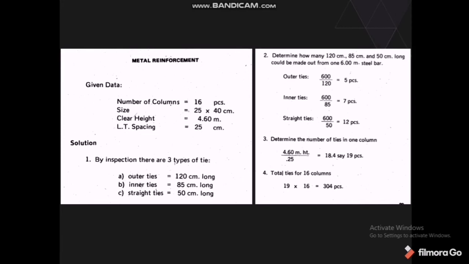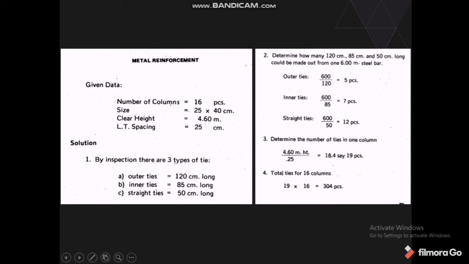So convert this 6-meter into centimeter. For the outer ties, that is 600 centimeter over 120 centimeter, and that is 5 pieces. For the inner ties, same process but divide by 85, that is equal to 7 pieces, and for straight ties, divide by 50, that is 12 pieces.